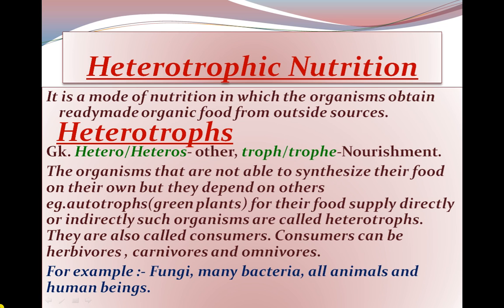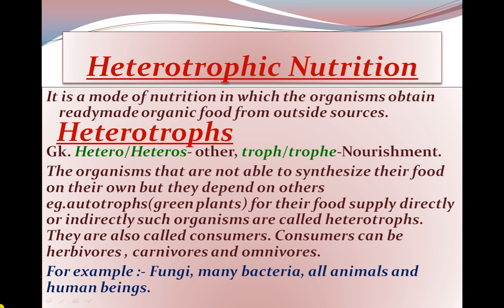Hetero means other, troph means nourishment. So the organisms that are not able to synthesize their food on their own, but depend on others, for example autotrophs or green plants, for their food supply directly or indirectly, are called heterotrophs.